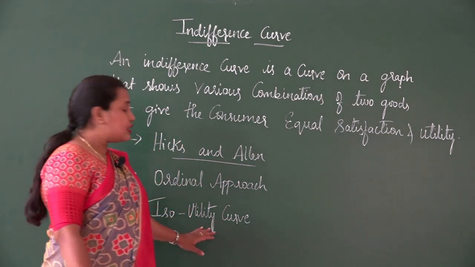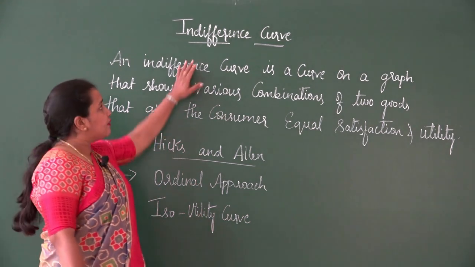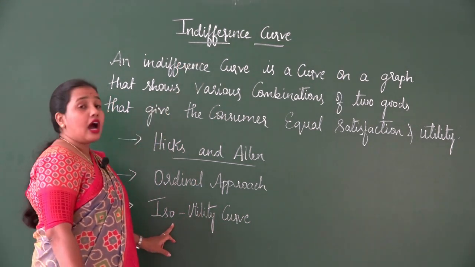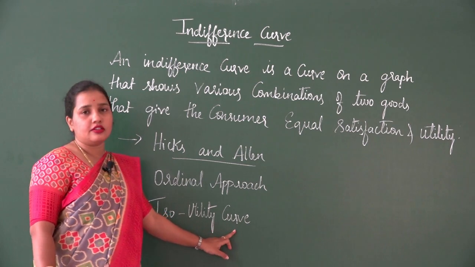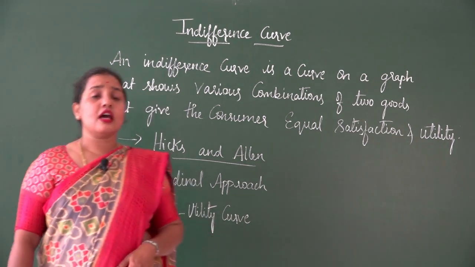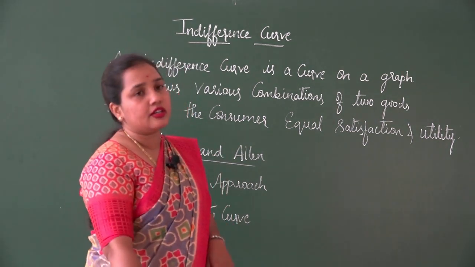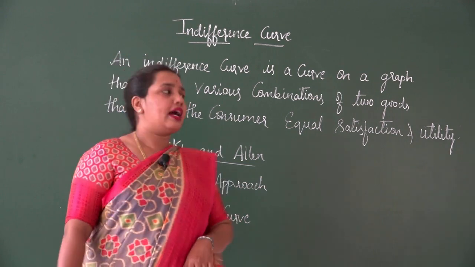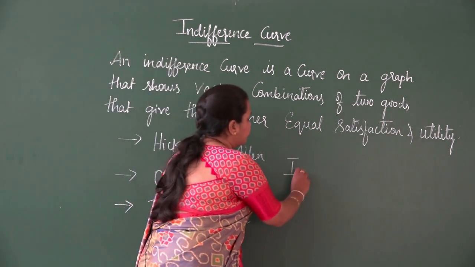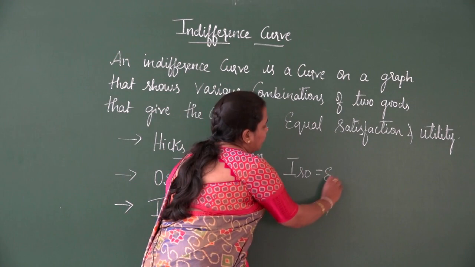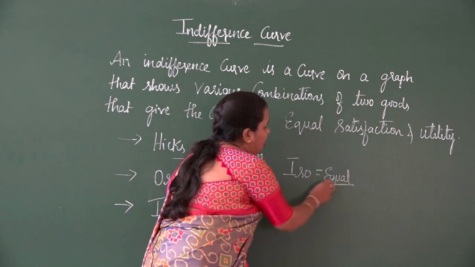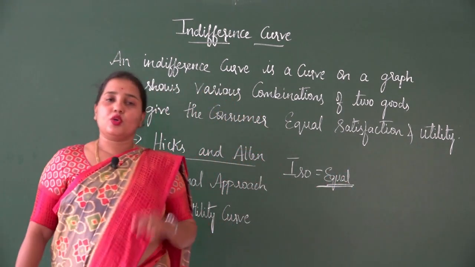And you should also know that indifference curve is called as iso-utility curve. What is iso? Iso here refers to equal.